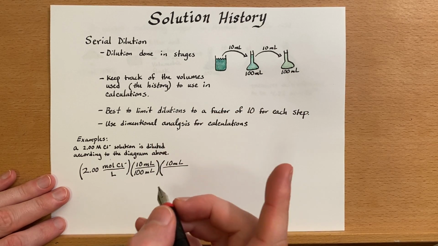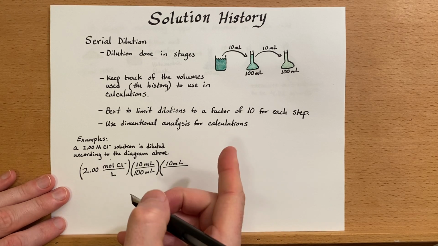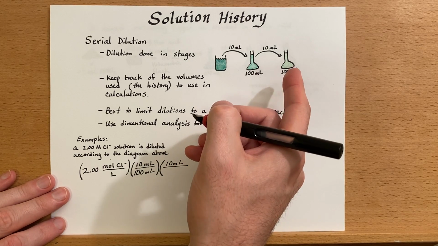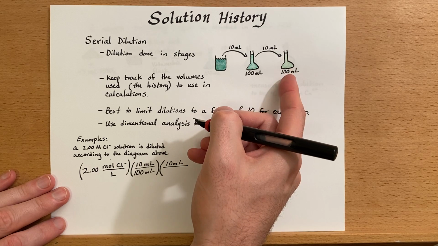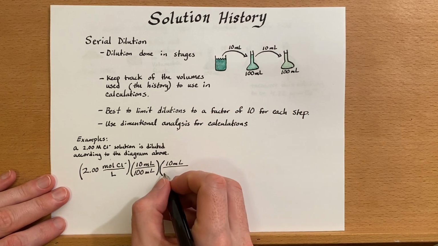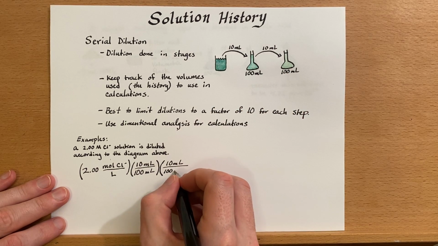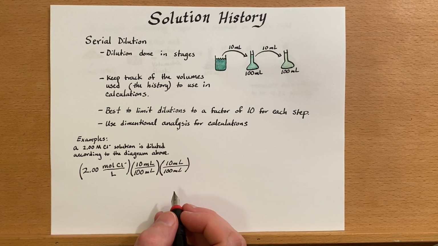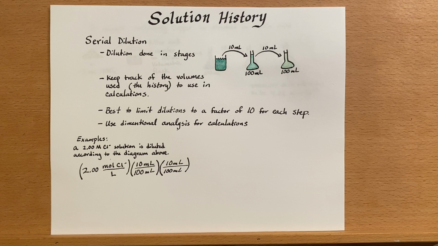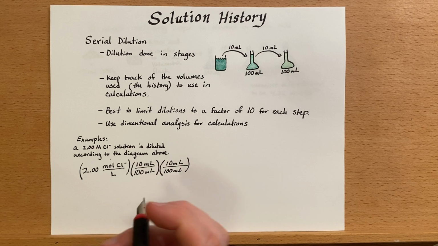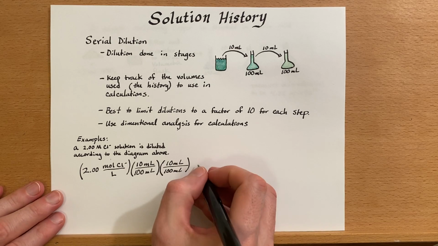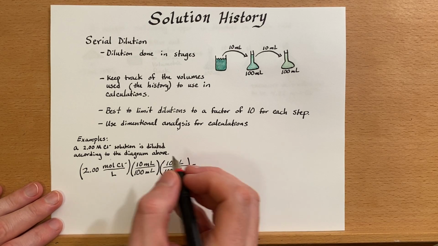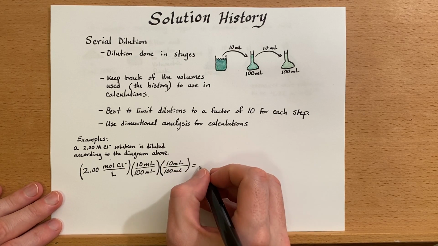So again, I'm dividing by the volume of the solution that I want to calculate for. If I do this math, then I will determine the concentration of that solution. Now, this ends up being just simply dividing by 100.